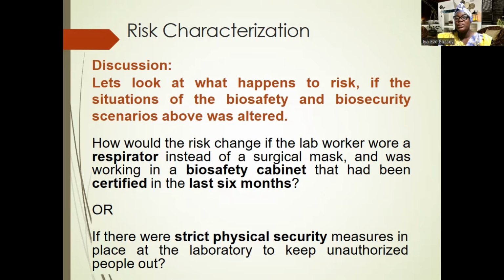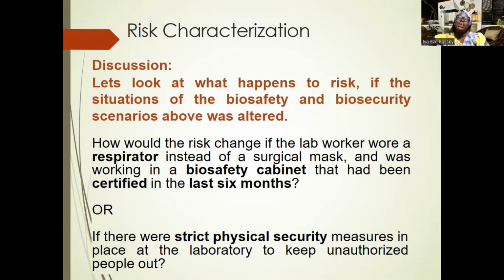Surely the risk will reduce, because even though the consequence remains the same, the likelihood of that exposure has been highly reduced by the use of the right PPE and the right equipment.